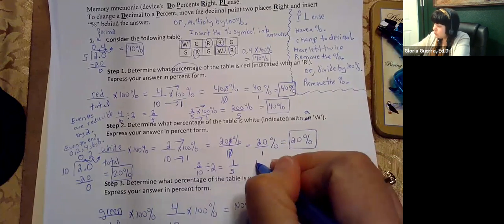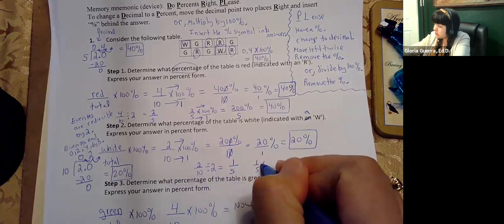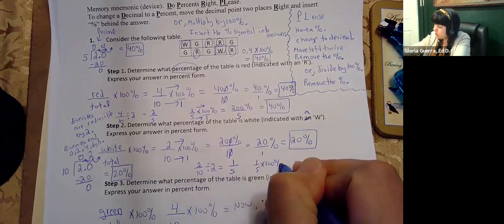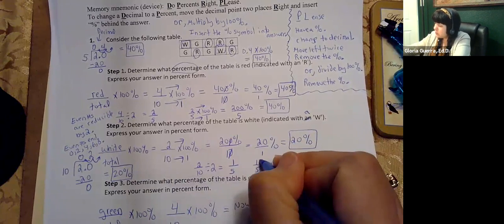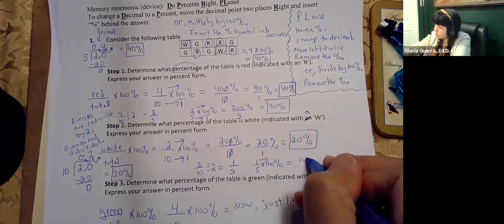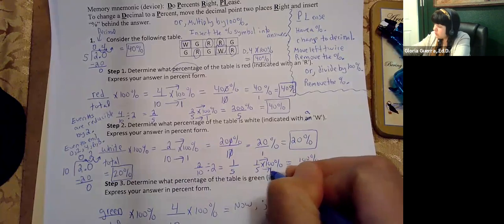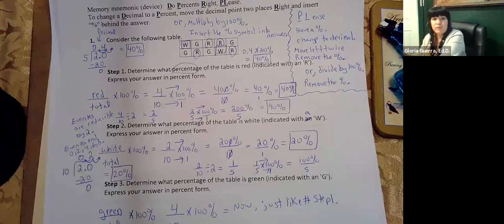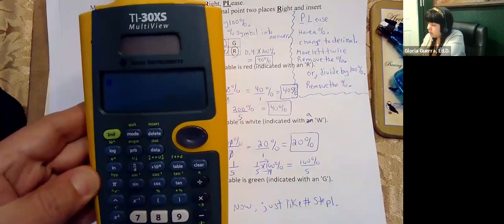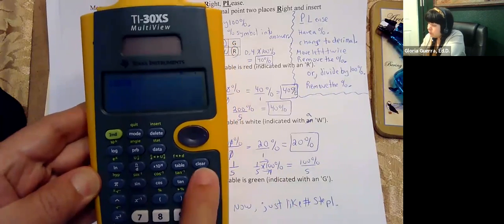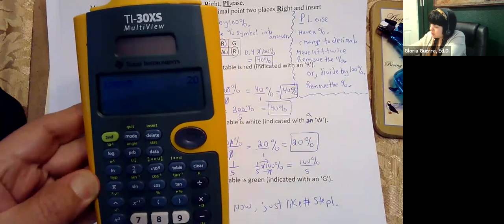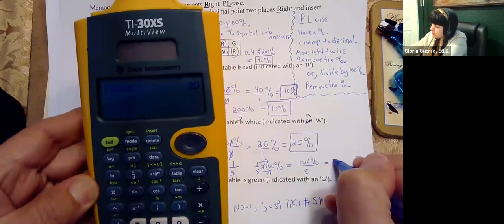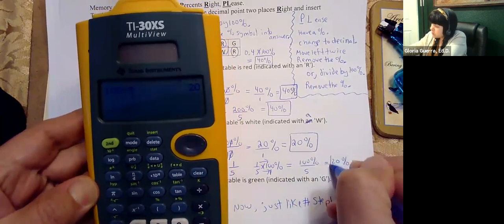And then I could have done 1/5 times 100%. 1 times 100 is 100%, and 5 times imaginary 1 is 5. And let's see, what's 100 divided by 5? 100 divided by 5 is 20. 20%.